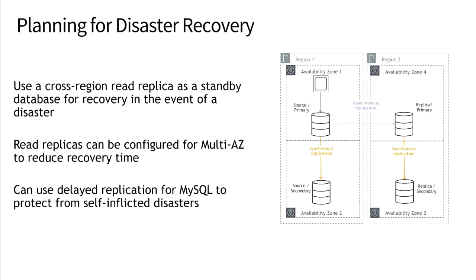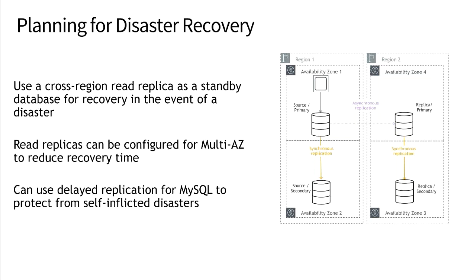Let's say that I have a database running on the US East Coast, and I lose connectivity. I can set up in advance a read replica in another location, in another city, maybe in Europe or somewhere like that, and then I can recover pretty easily from that disaster, because all of my data has been continuously replicated asynchronously to the other region.